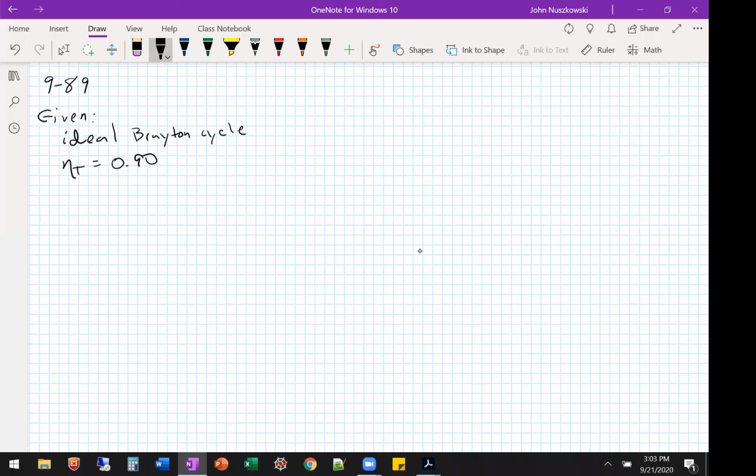The minimum temperature is 27 degrees Celsius, which is 300 Kelvin. The max is 727, which is 1000 Kelvin.